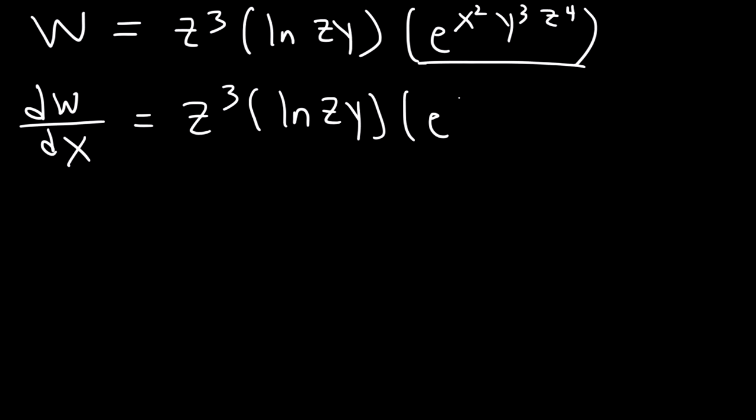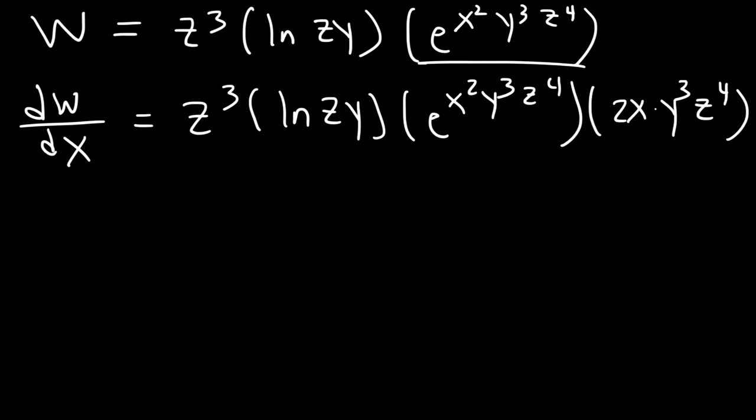So it's going to be the same thing, e^(x squared y cubed z to the fourth) times u prime, or the derivative of x squared y cubed z to the fourth. X squared is the only variable, so we just got to differentiate that part, which is 2x, times the constant y cubed z to the fourth. So that's dw dx.